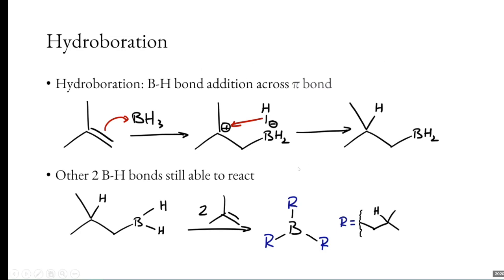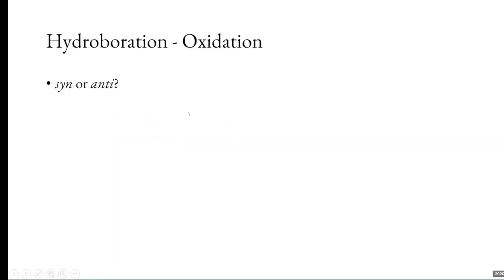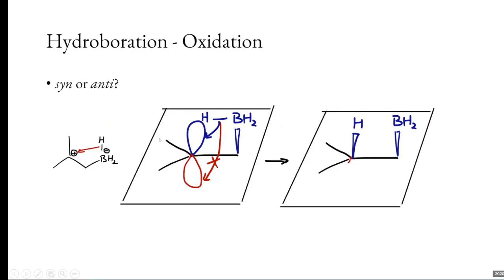Well, since you got the wrong side of the coin, it's actually syn. So we still use an arbitrary plane to explain this. When the carbon-boron bond forms, it can form at either face of the double bond. So let's suppose it's the upper face.